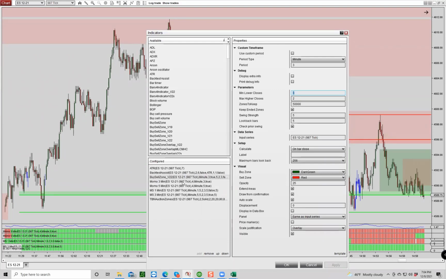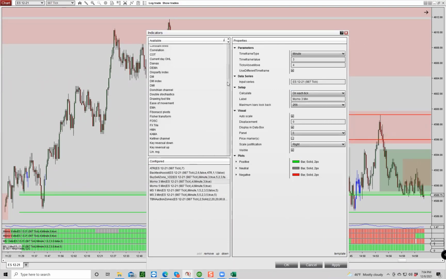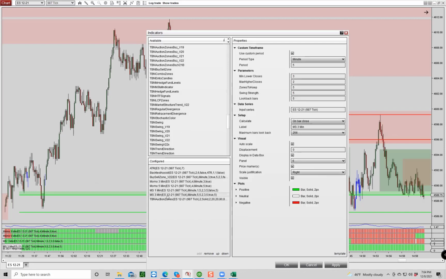Then I have the trend, and I have 2 different trend indicators. One of them measures the market structure, and I have that applied 2 times. With that trend indicator, you have the ability to look at different time frames.